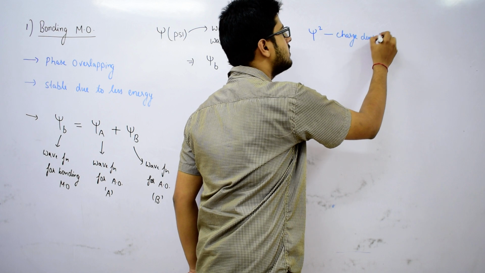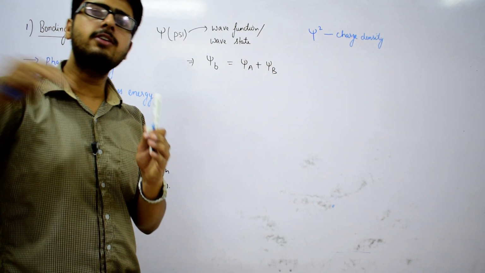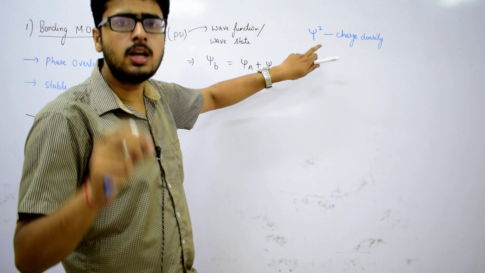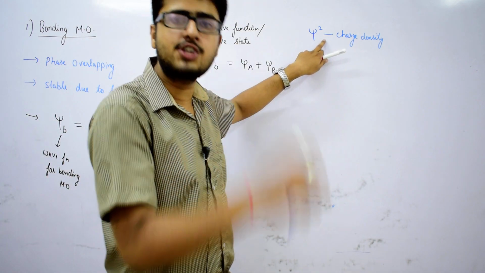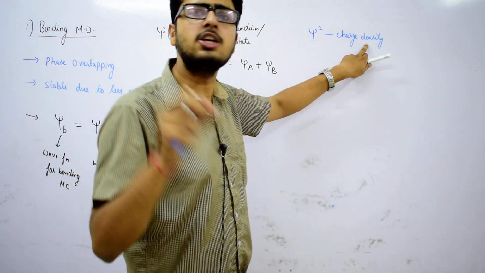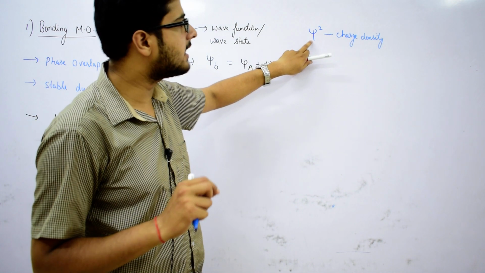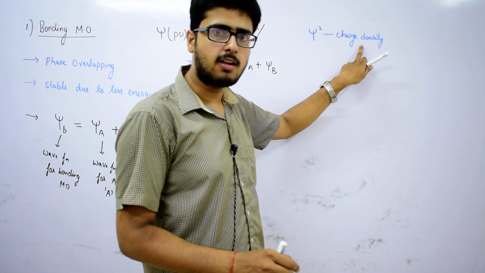It shows that if an electron is moving in the form of a wave, then at a particular point, what is the distribution of charge, what is the density of charge? That distribution of charge is represented by psi square, which is called charge density.